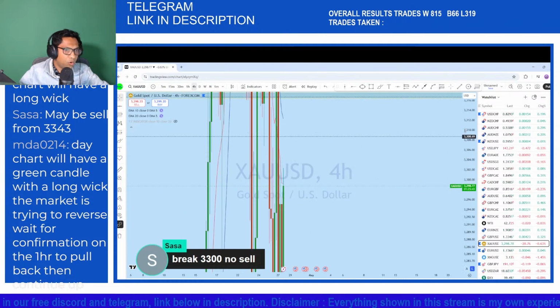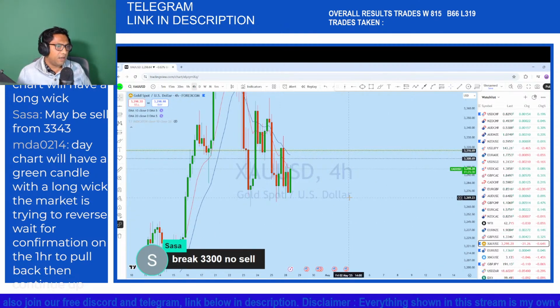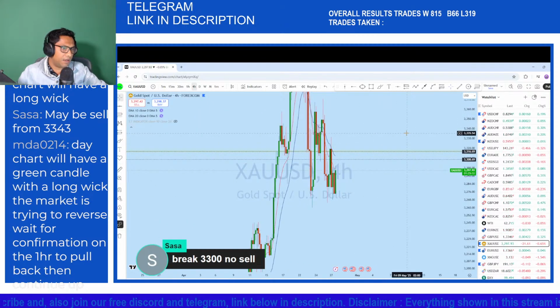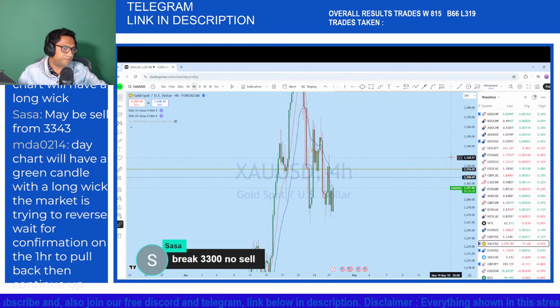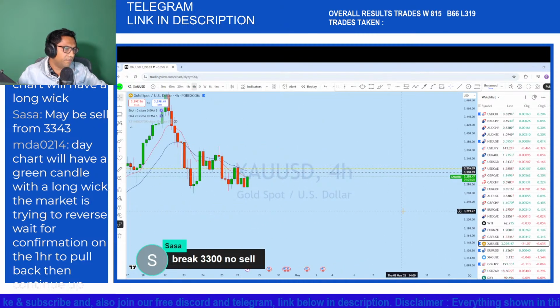So if you look at the 4 hour here, this is the 4 hour price action where the price is heading to the major direction, where you can see the price is approaching the daily level.